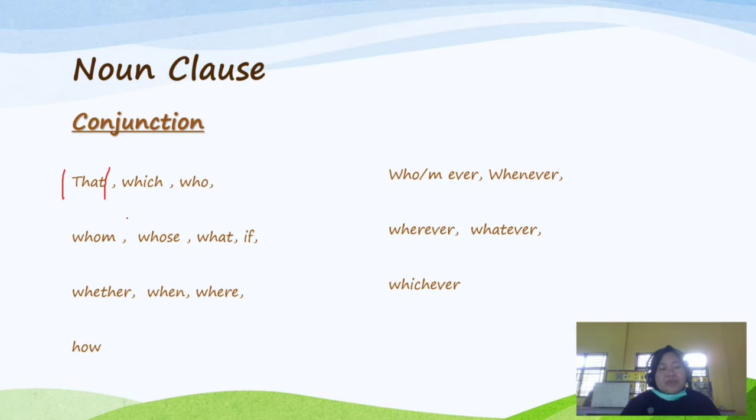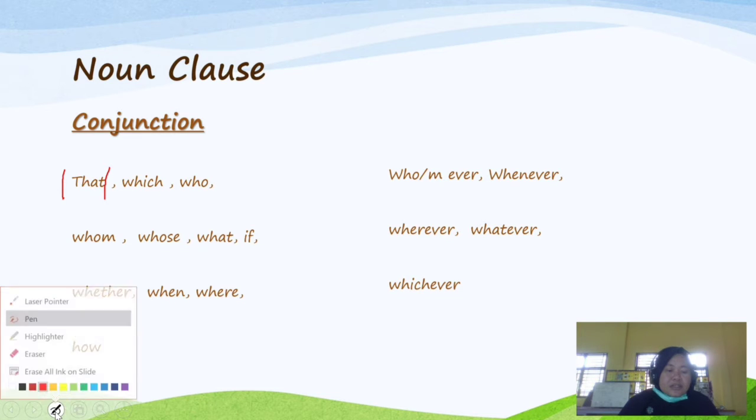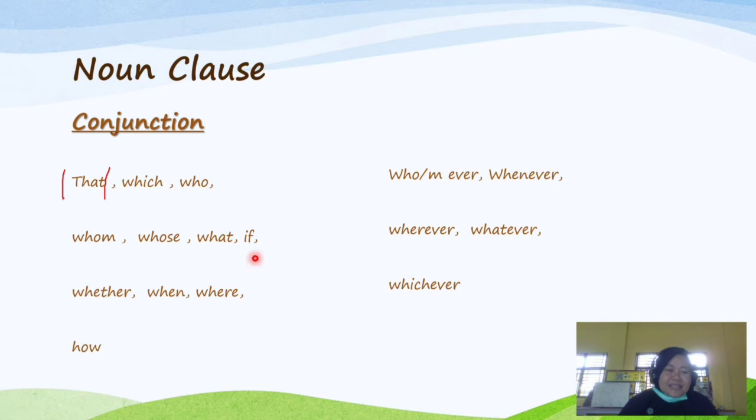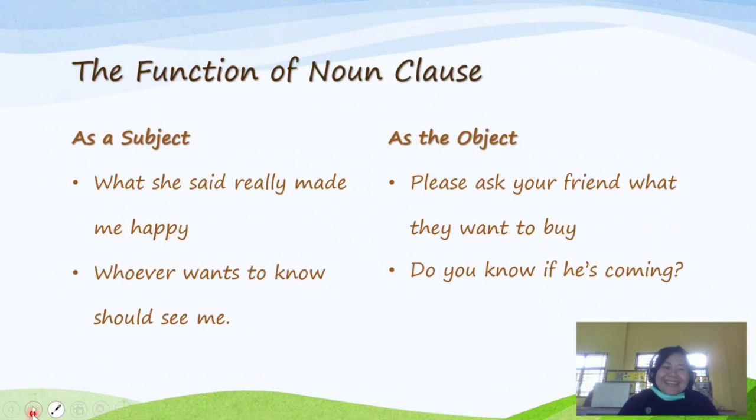I mean that you may use this conjunction or not. It doesn't influence the meaning of the sentence. Later on, we are going to discuss which of these conjunctions has a function as subject, object, and also other things. Okay, now let's see.